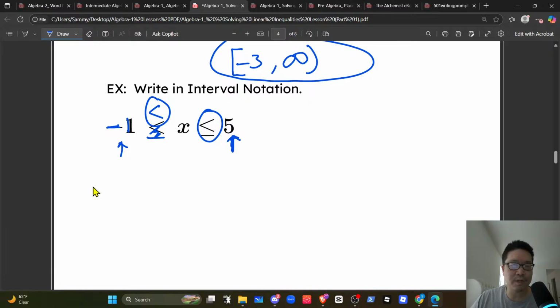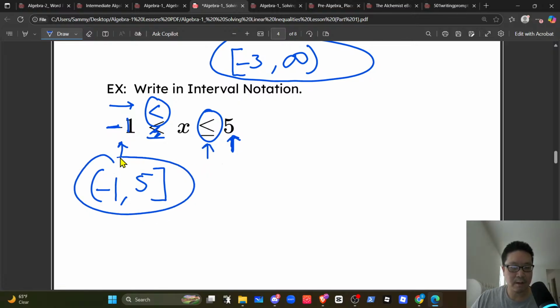And in interval notation, this would be negative 1, parentheses, because that's a strict inequality, and then 5, square brackets, because that's a non-strict inequality. Okay? Anytime you get an expression like this compound inequality, it's always asking for the numbers in between the endpoints.